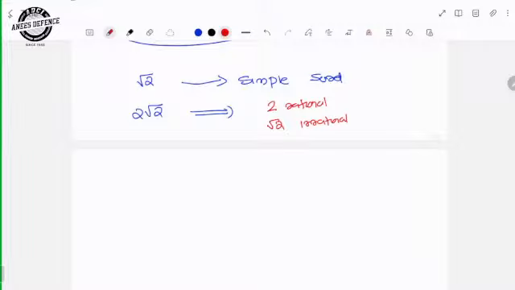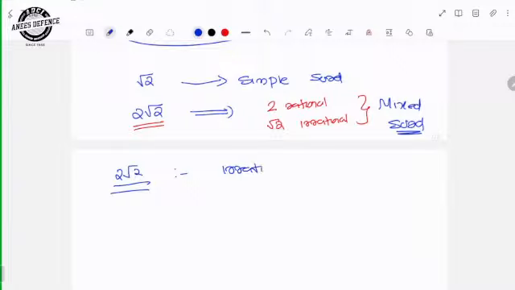So 2 root 2, when you combine together, you will get a mixed surd. Mixed surd means it consists of rational value and irrational value. Finally, 2 root 2 as a whole will be irrational because surds are always irrational.